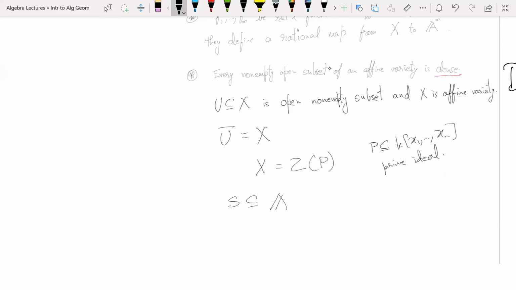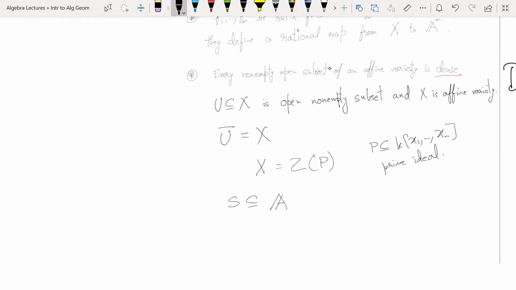I'm fairly positive that we have thought about this. So if I give you some subset S of A^n and I want to compute S closure, how do you do it?